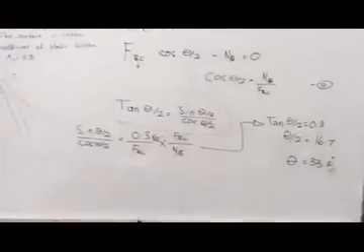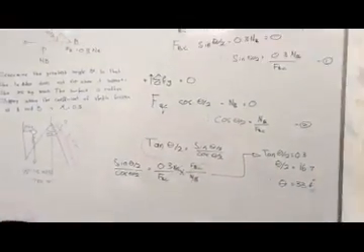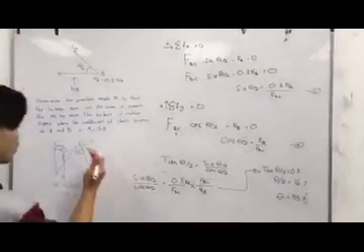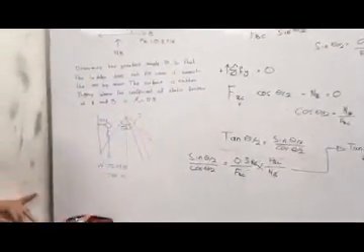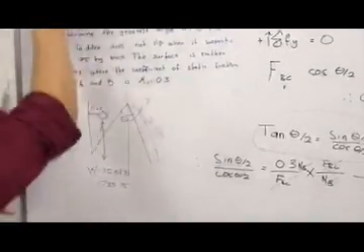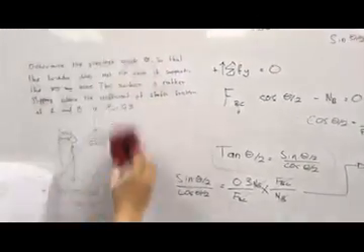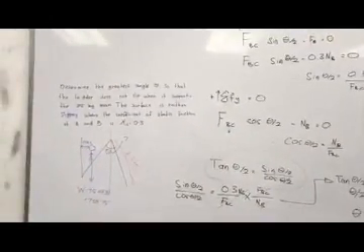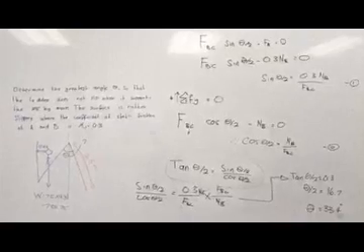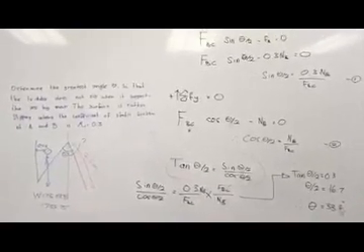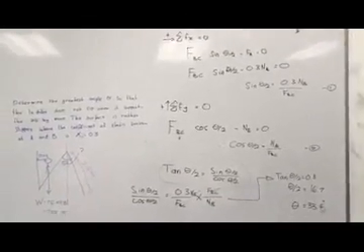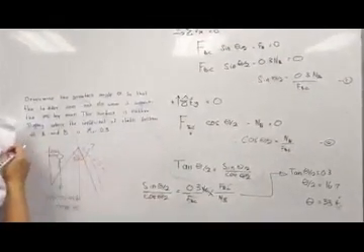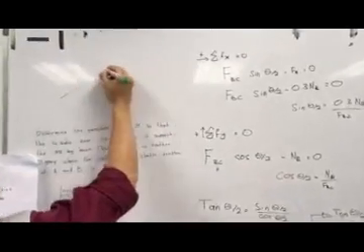Alright. For the next step, we need to settle the other half of this figure. The FBD for the other half will be like this.